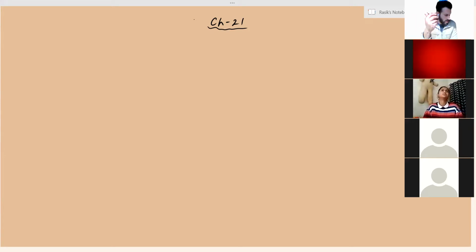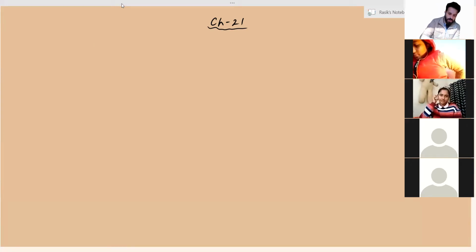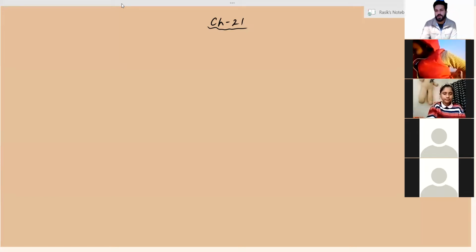Fine. Now in this chapter we will be studying how to represent the data in the form of a frequency table. What is data first of all? What is raw data? What is an array? What is a frequency table?